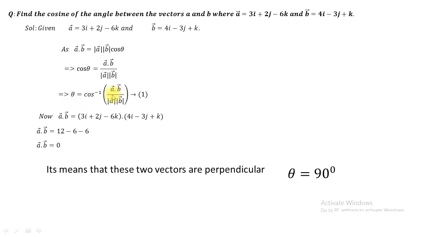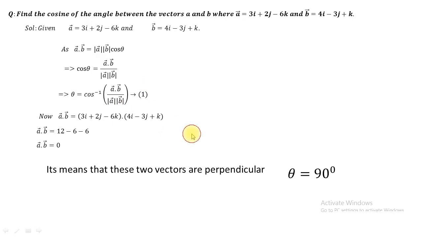Cos inverse of 0 means cos theta is equal to 0, and that means A dot B is 0. Since in this question A dot B is 0, the angle between these two vectors is 90 degrees.